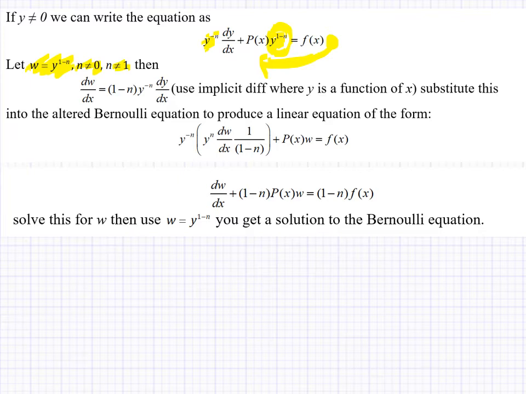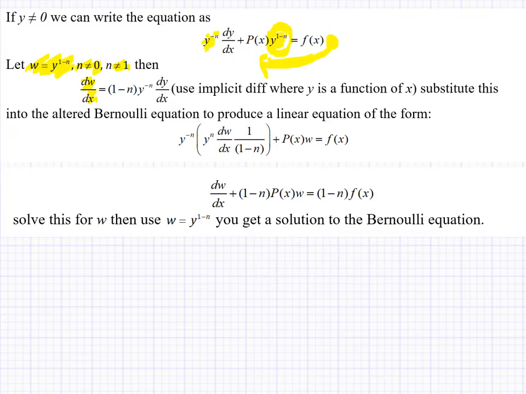Once we make that substitution, what we then have to do is figure out what dy/dx would end up being, because if y is coming out, dy/dx also has to come out. Well, we would take the derivative of w with respect to x, and realizing that y is a function of x, we would have to use implicit differentiation to do that.